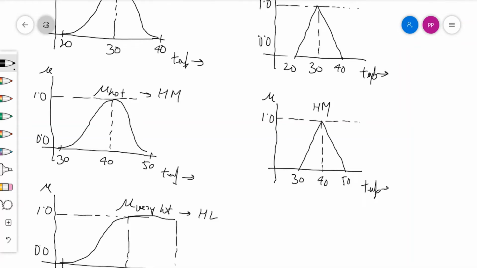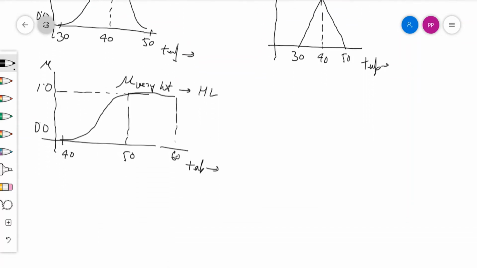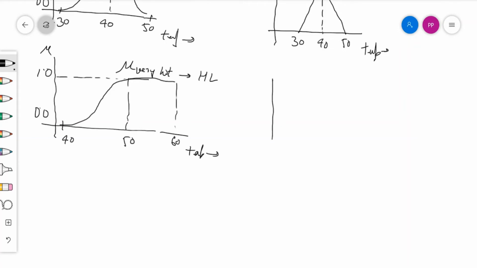Let us go a little ahead. Then we can draw the plot for high temperature range, that is a large value of heat. So again we have to do it carefully. So we have the normalized value from 0.0 to 1.0. Here as we see that we have a large flat approximation.